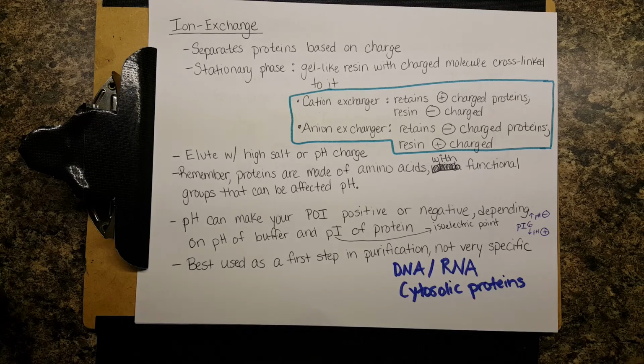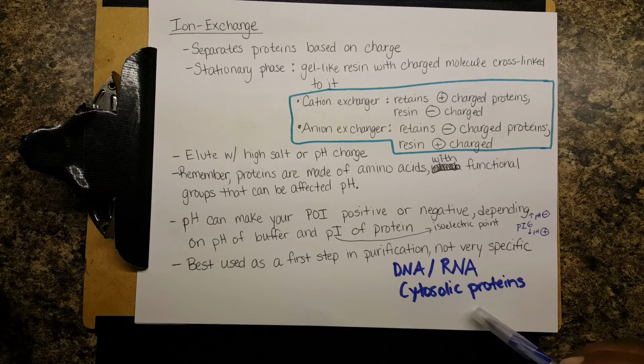Ion exchange is best used in like a first step. It's not super specific. DNA and RNA, those are charged molecules, so they will absolutely interact with an anion exchanger because they're usually negatively charged. Cytosolic proteins from whatever bacteria or yeast, whatever system you use to express your protein, they're absolutely going to be affected by the pH of your buffer.